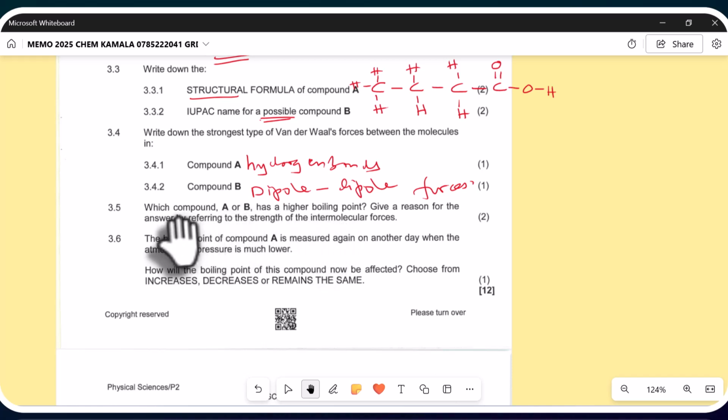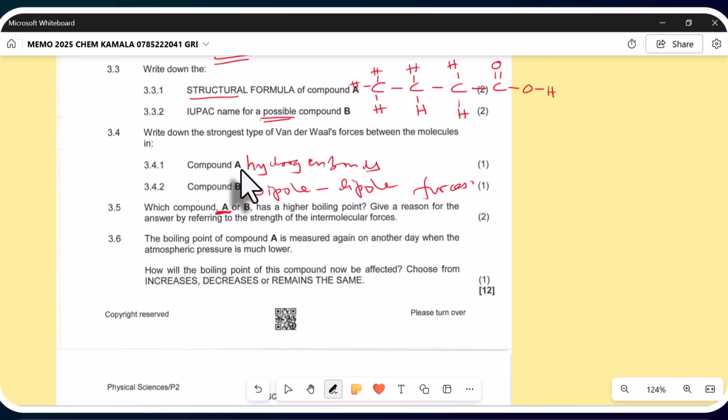They're saying it was measured again on another occasion with a lower atmospheric pressure, and so we are also going to have a lower boiling point. So you're going to say it decreases.